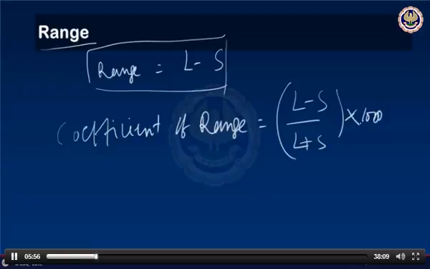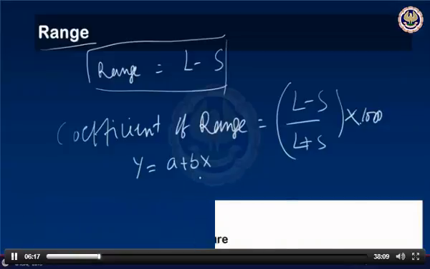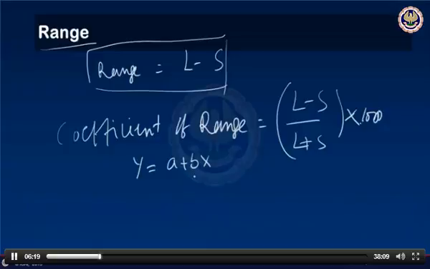We may note the following important results in connection with the range. Suppose y equals a plus bx, a linear relationship between y and x. If we know the range of x, how can we find the range of y?